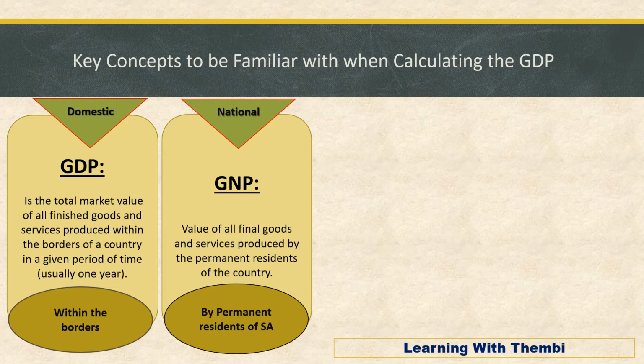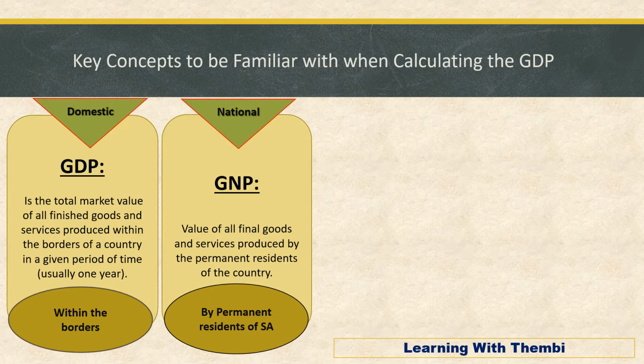And as they send money back to South Africa, this will contribute to South Africa's gross national income. And another thing with regards to the gross domestic product, we are including the production that could have been made by a foreign business within the borders of South Africa. I hope that makes sense.